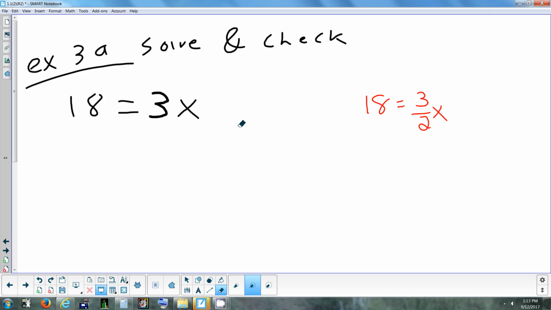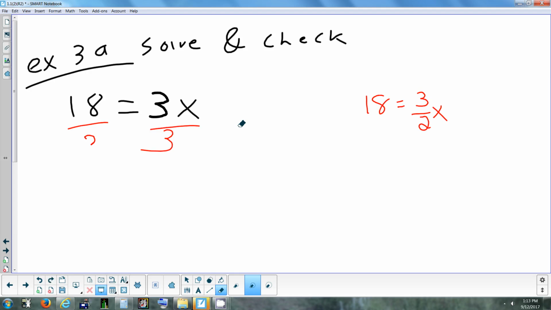Because now I have multiplication, I have to do the opposite of multiplication. In the two examples we did before, we did the other operations. So what am I going to use? Division, right? So what am I going to divide by? 3. All right, good.